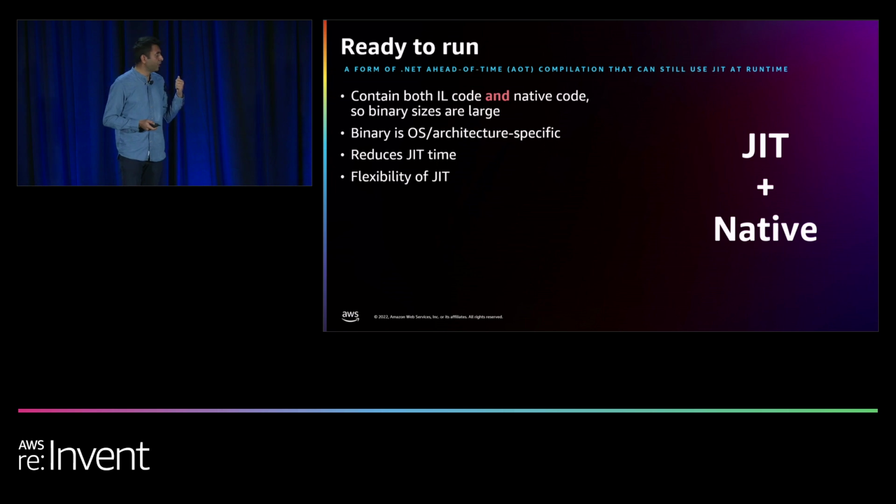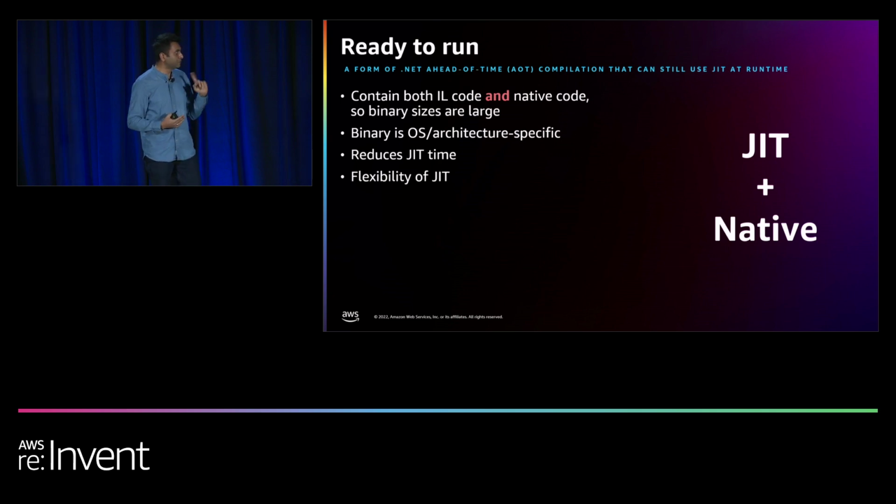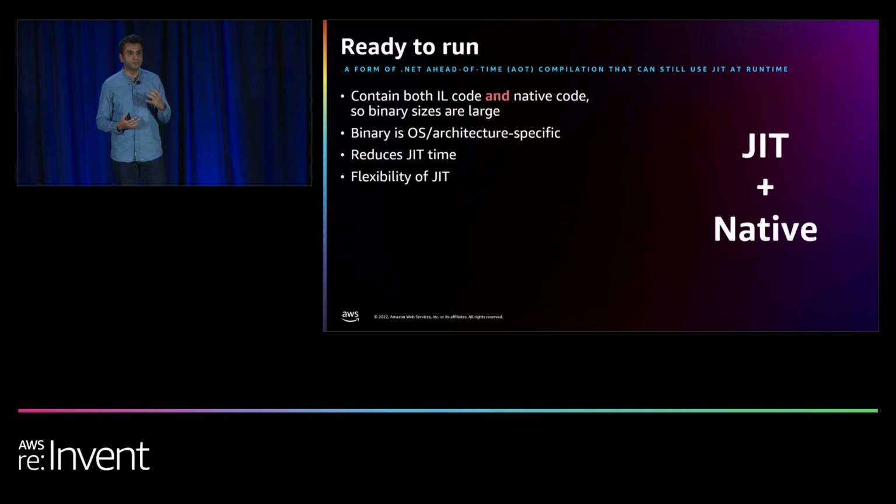One other thing that is already available today in the Lambda blueprints is ReadyToRun. We think, and we have also seen in the benchmarks that we have run, that this is kind of a middle ground between JIT and native AOT. So this has the goodness and some of the problems of JIT compilation. It contains both IL and native code, which makes the binary size almost 4 times larger.